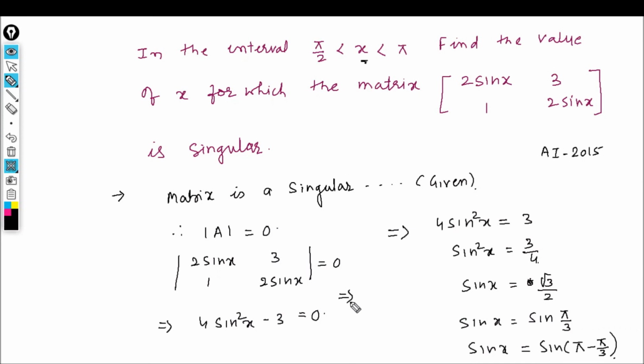So this implies sin x is equal to sin 2 pi by 3. This implies x is equal to 2 pi by 3. So this is our answer.